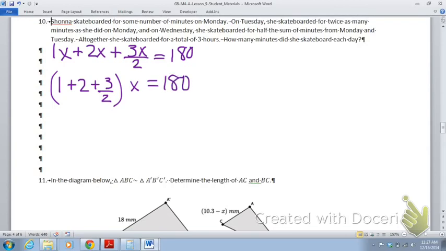So I used the distributive property and factored out the x. Okay, so this is going to help me simplify this a little bit easier. So if I think of this, I've got 3. 1 plus 2 is 3. 3 halves is 1.5. So I have 4.5.